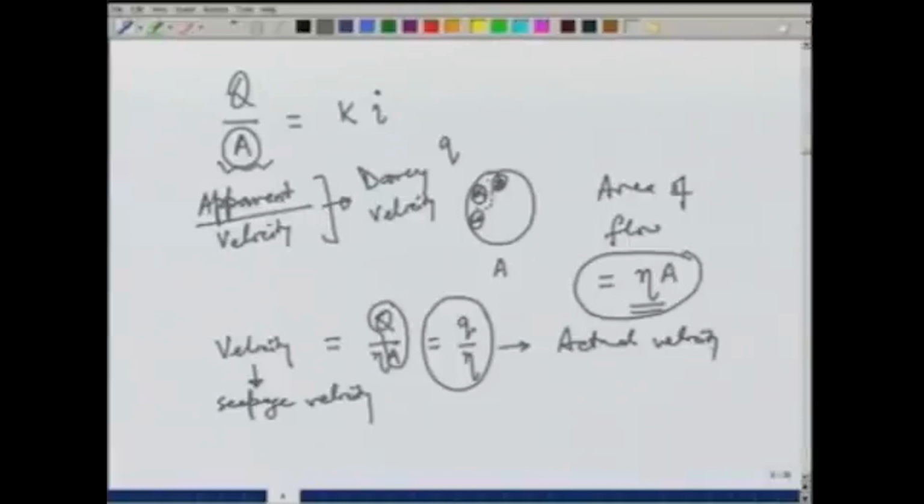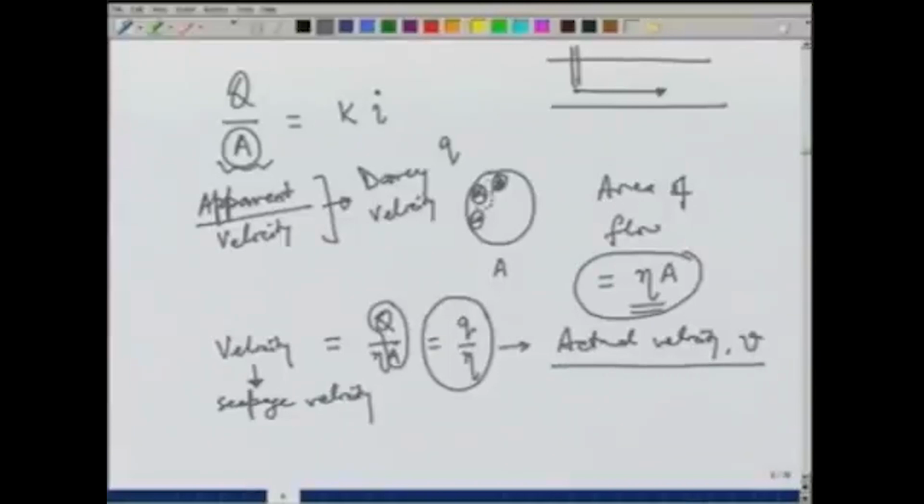and what it means is that if you take a soil sample and let us say we put some object here, we inject a dye, then the velocity at which this will move will be the actual velocity, and we then use the notation V to denote the actual velocity.